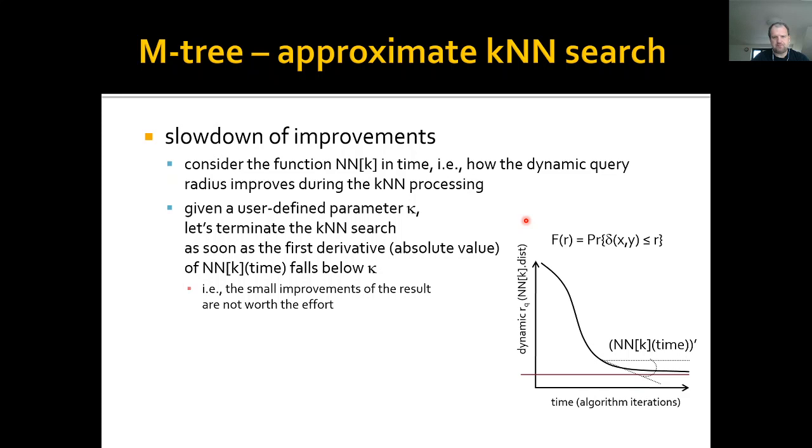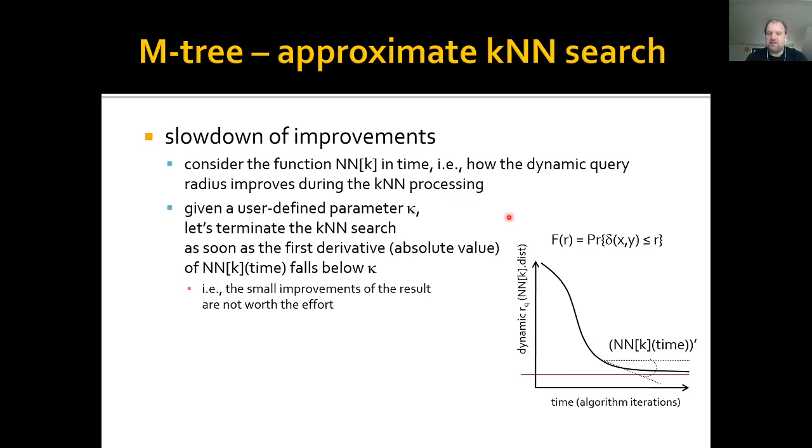So the first one, in the algorithm, we saw that there is a cycle. During the algorithm the NN array is updated, and we are specifically interested in the kth entry in the NN array that basically stores the dynamic radius of the range query that goes from infinity to the actual distance to the kth nearest neighbor.